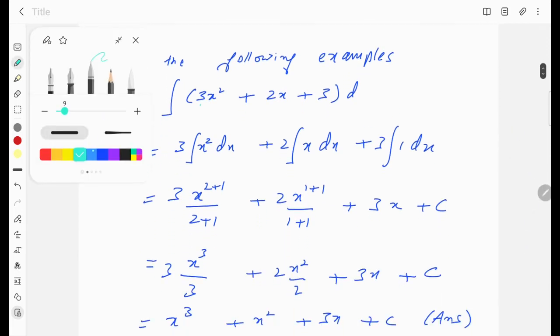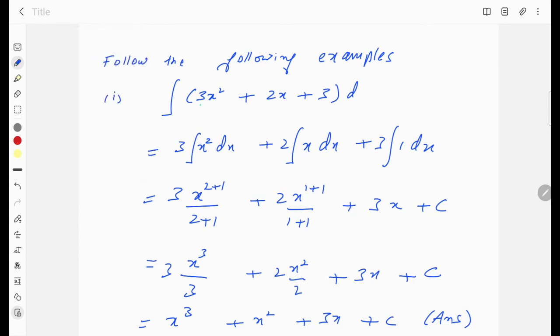The following examples are useful. I have to integrate 3x squared plus 2x plus 3 with respect to x.